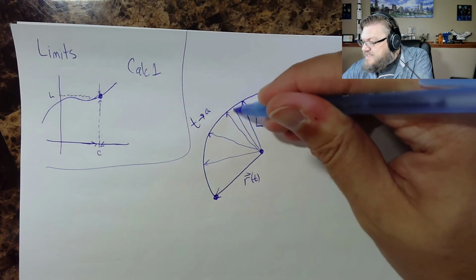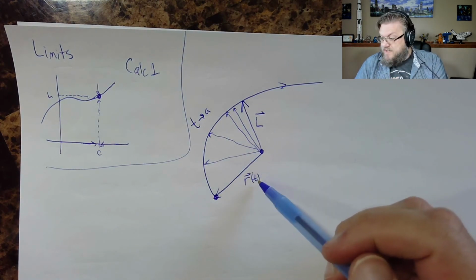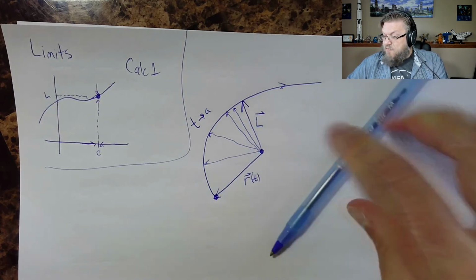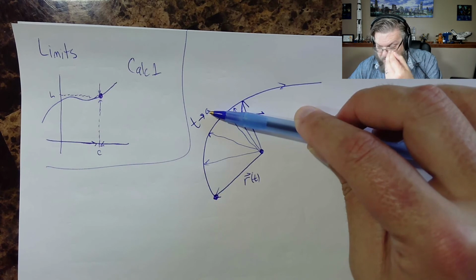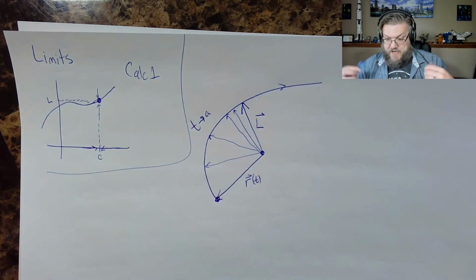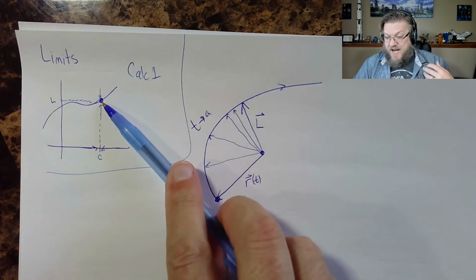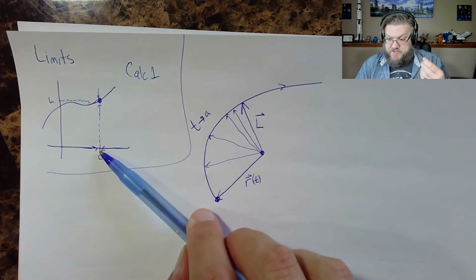And so I'd like to define the limit in this way. The limit of a vector valued function as t approaches a is L, meaning that when t approaches its time value of a, I'm approaching what L is pointing at. Right? I mean, isn't that the idea of a limit? It's not too terrible. It's the same thing as saying I want to approach a certain height as I approach the left and right of the input.